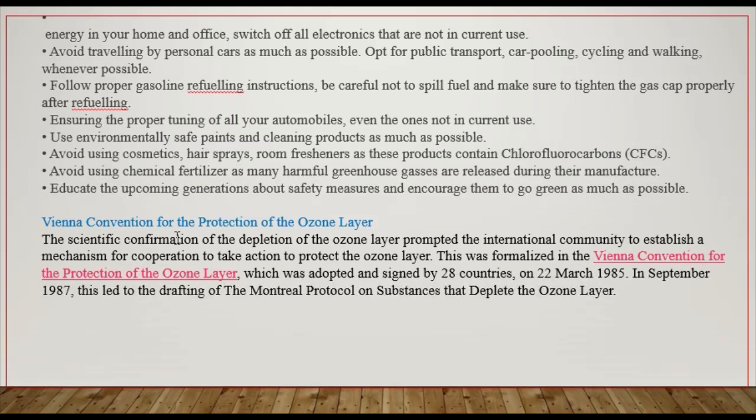Now for those things, there are international level conventions. There were two, the Vienna Convention and the Montreal Protocol, which were for the protection of the ozone layer. The Vienna Convention for the protection was adopted by 28 countries on March 22, 1985, which led to the Montreal Protocol.